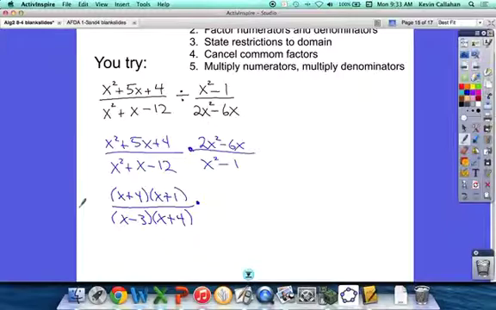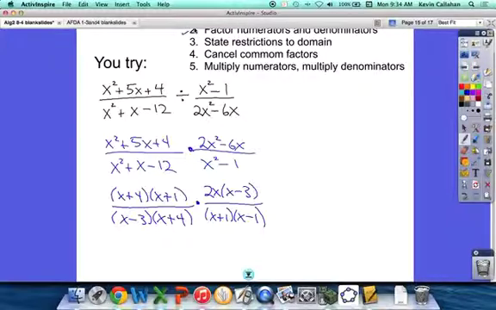What's the greatest common factor of 2x squared minus 6x? 2x, right? And what's left in the parentheses? X minus 3. And then the x squared minus 1. Who's our expert at a difference of squares? X plus 1, x minus 1. Check.